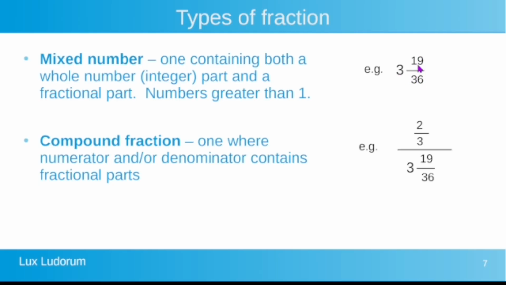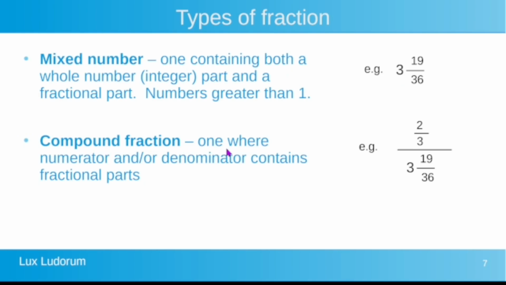It's not 3 times 19/36. So when we write it like this, it's 3 and 19/36. And these always express numbers greater than 1 because this integer here is going to be 1, 2, 3 or 4 or something like that, plus the fractional part.